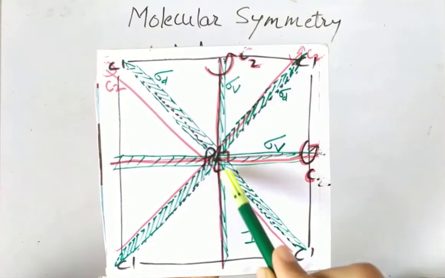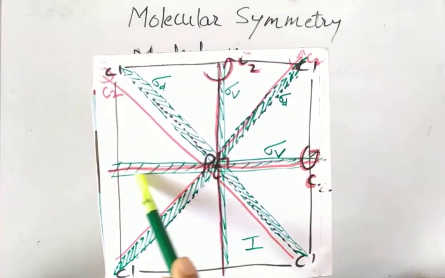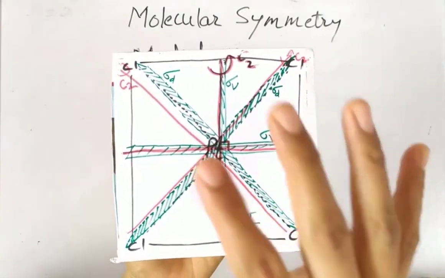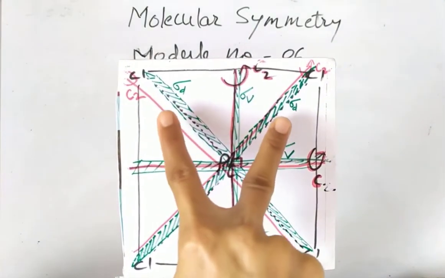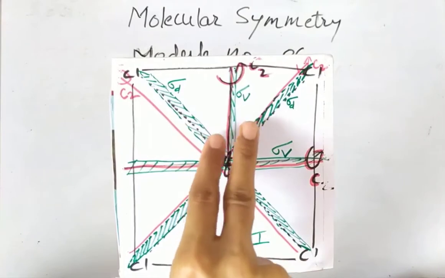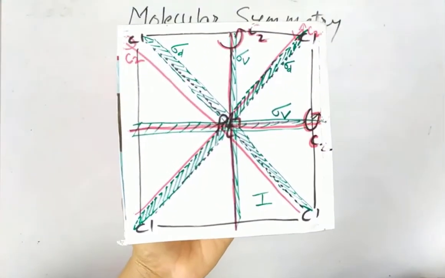If you are choosing this as the sigma D, then the other sigma D will be this. So out of the 4 vertical mirror planes, 2 will become sigma Ds which are perpendicular to each other and 2 will become the sigma Vs.